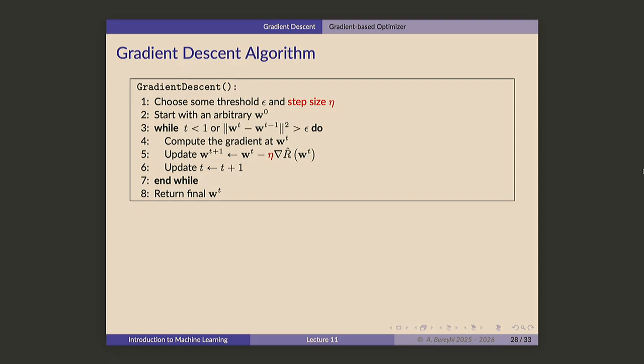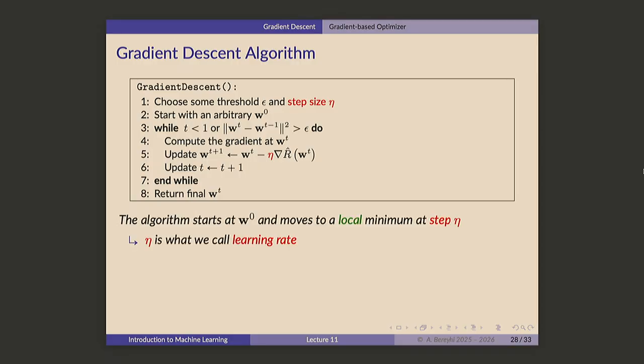If you keep on doing this, you're going to end up with the minimizer. Trust me, I have done it so much in my life, you never end up anywhere else. No? Okay. Now, this eta that you see here is what we call the learning rate, which is basically the step size in this algorithm. Probably we'll talk about it once again later on.